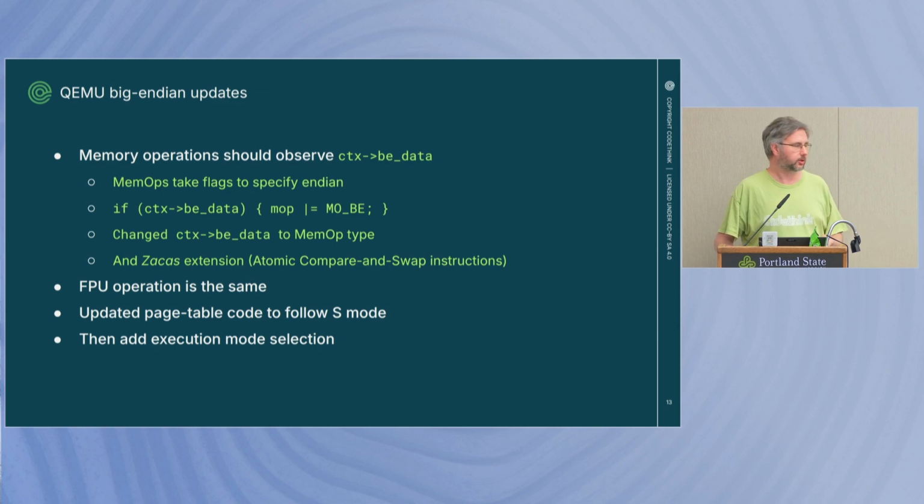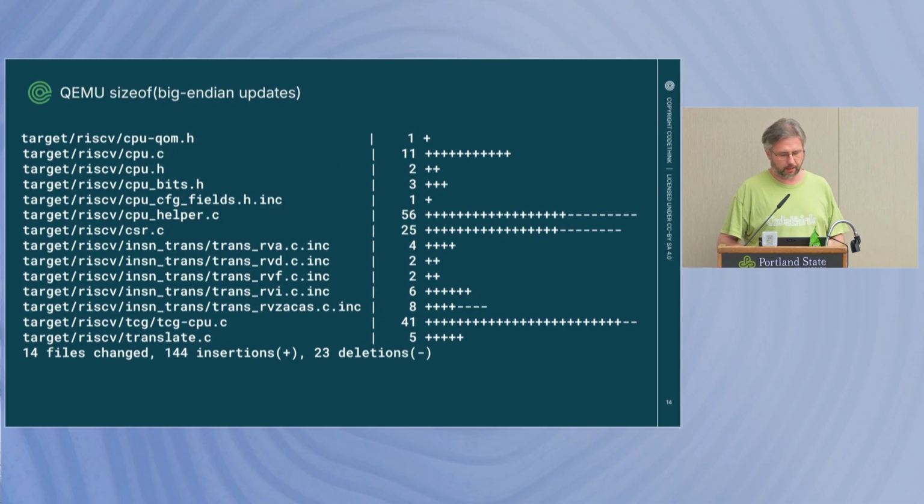So we got that working, decided to also add the execution mode selection, which again was fairly easy to do. I mean, it's not a huge set of updates. I think here 14 files and about 120 changes. So that's not awful, but at least gives us a base to work from.